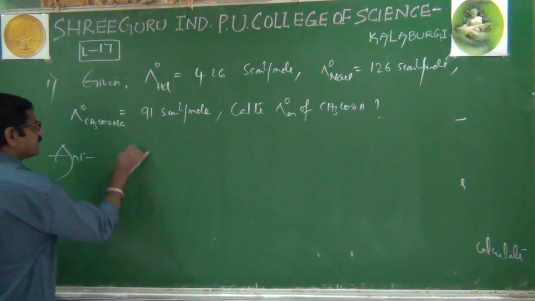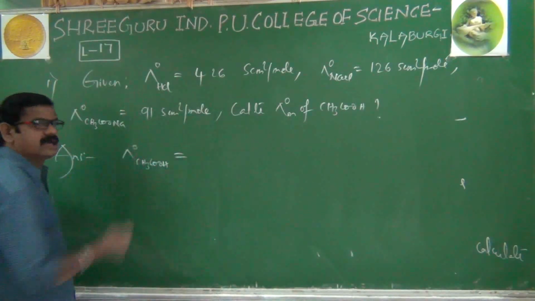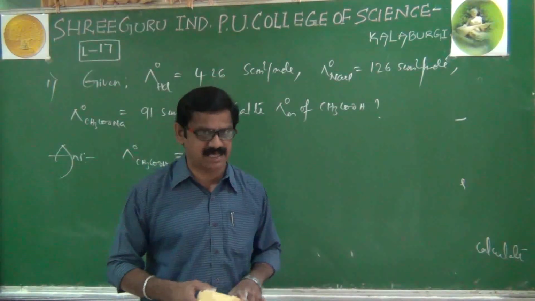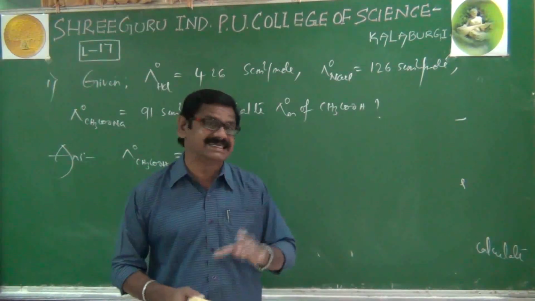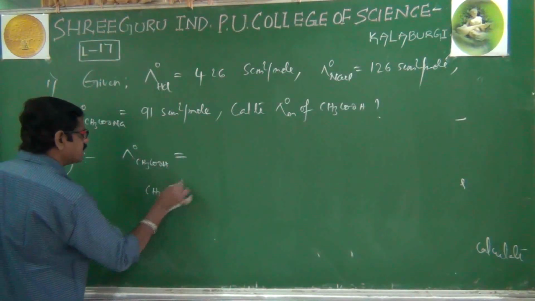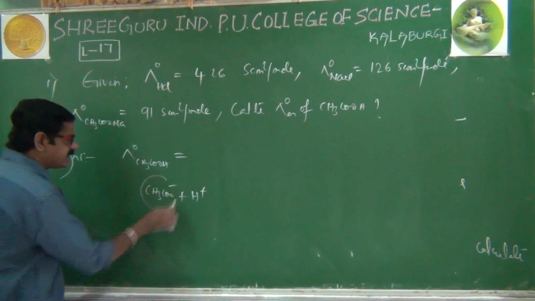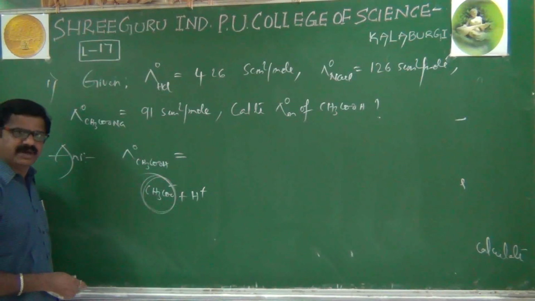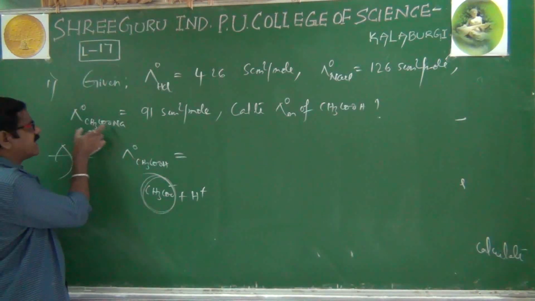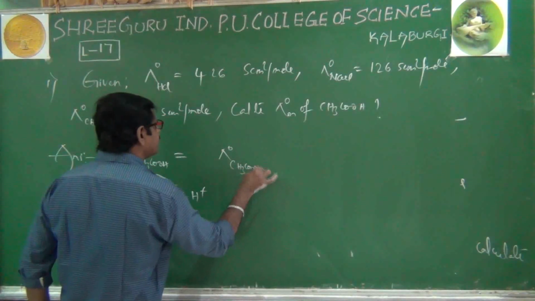Answer: lambda m naught of acetic acid is equal to. Now, how to arrange all three electrolytes? In the last video we discussed applications of Kohlrausch law, and one of them is the indirect method. See here once again, CH3COOH, if you split it, you will get CH3COO minus as well as H plus. First we have to select where the CH3COO minus ion is present. It is present in sodium acetate, so I will write lambda naught CH3COONa first.